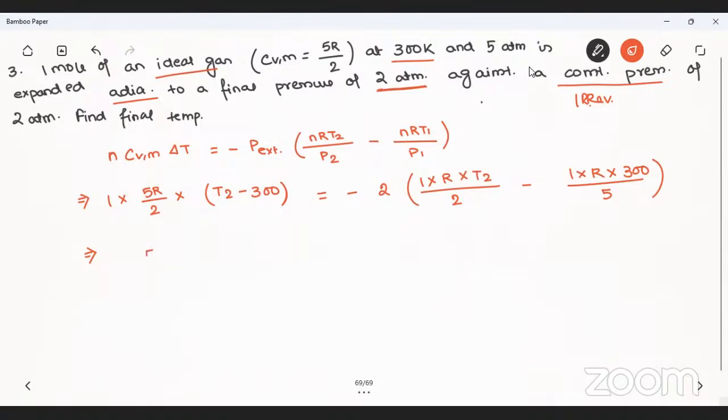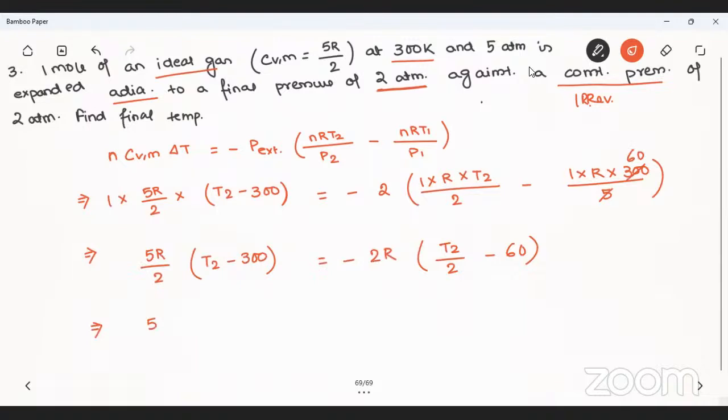So what will it be? 5R/2 into T2 minus 300 is equal to minus 2. If I take R common, T2/2 minus 300/5, 60.